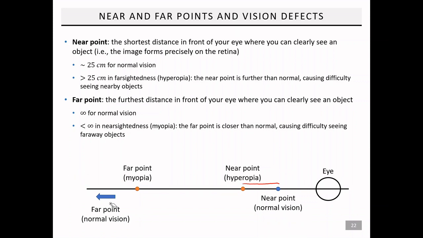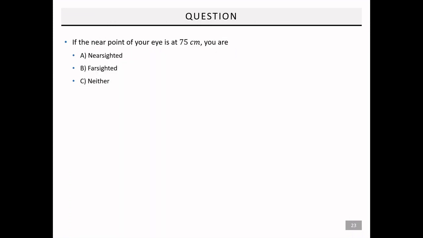If you have only myopia, your range of vision would be between your far point and your near point. And if you have hyperopia and myopia, then your range of clear vision would be even smaller in this range.